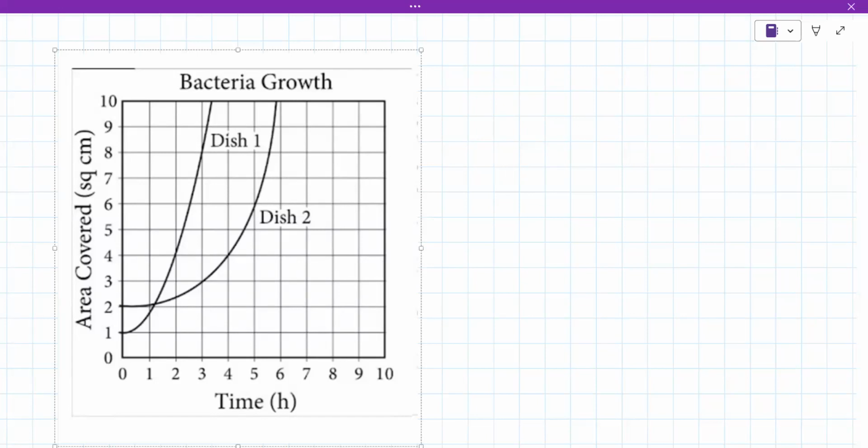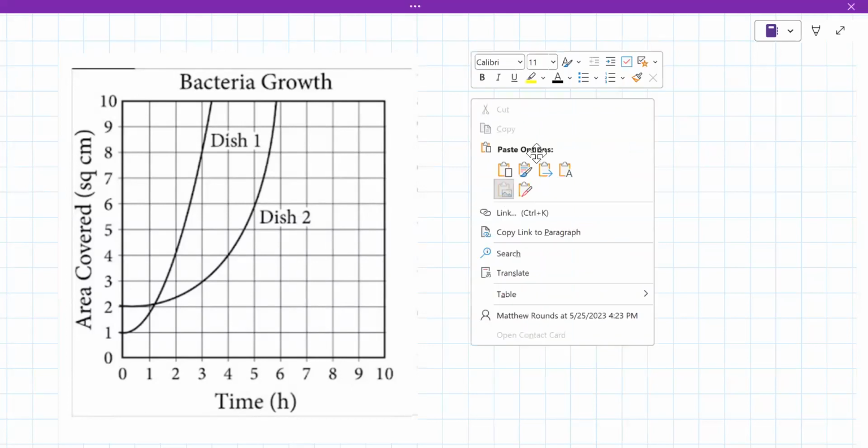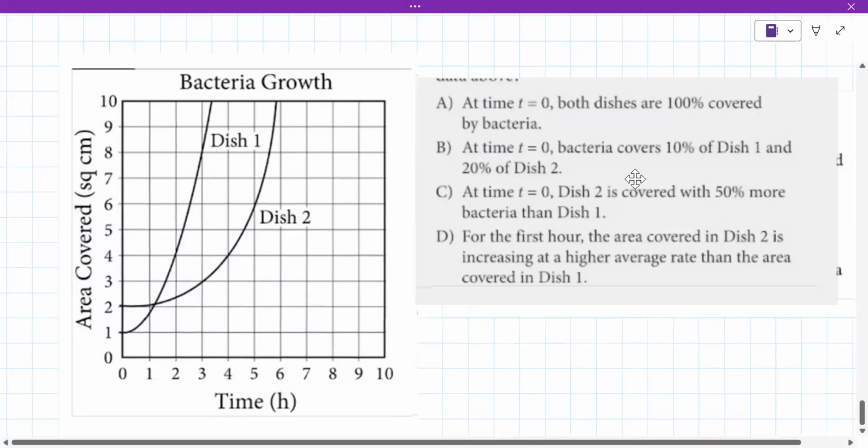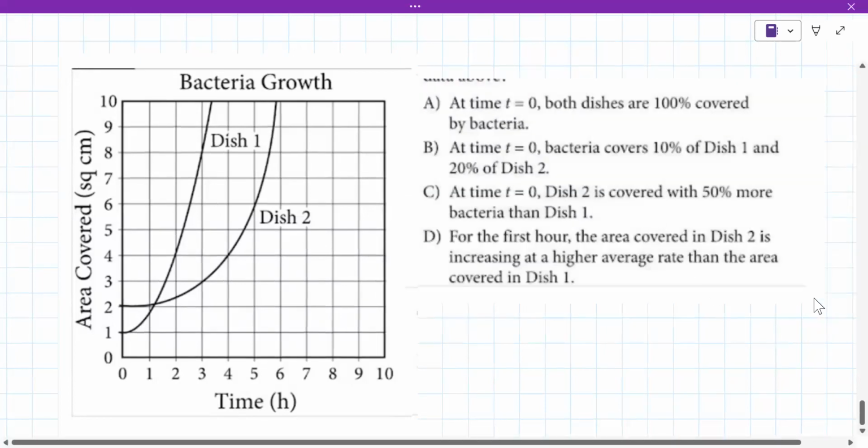Let's see if we can do it by just looking at the answers now. All right, so here are the answers without the question.